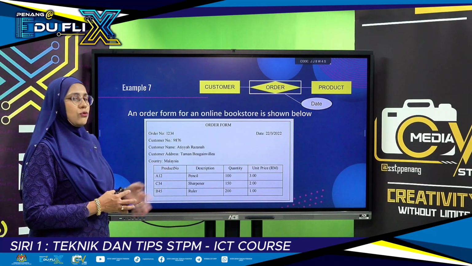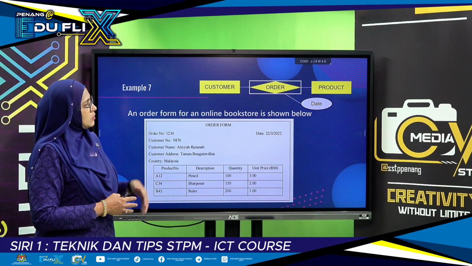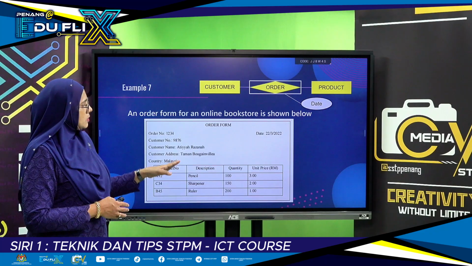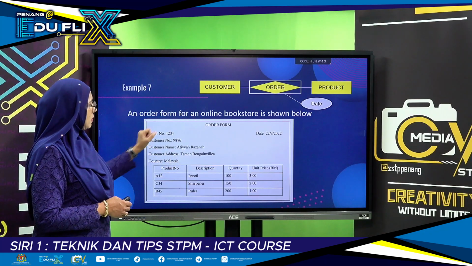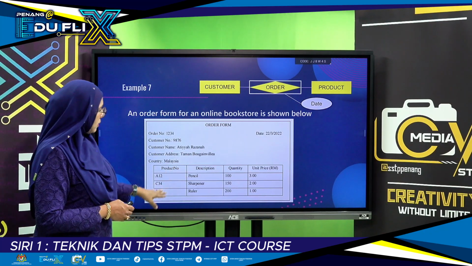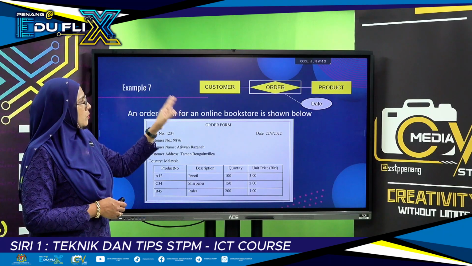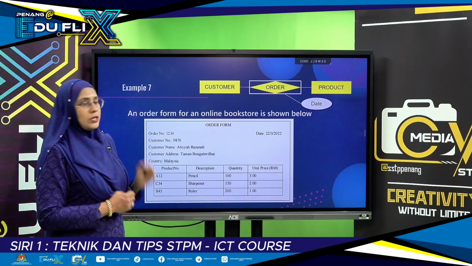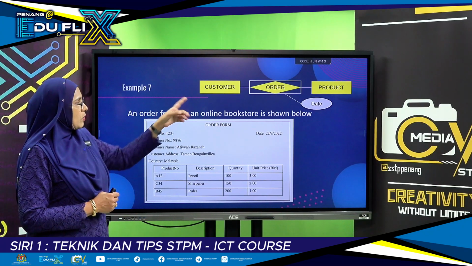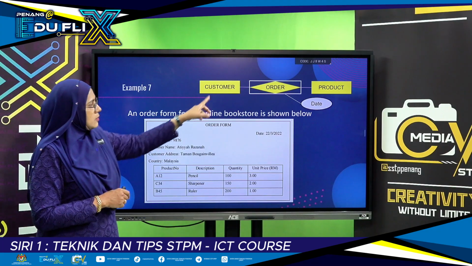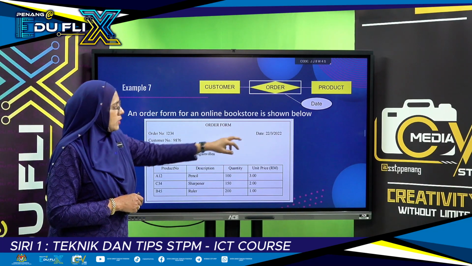If you draw the ER diagram, it will look like this. We have customer here, and then product here, and the relationship between customer and product is order. We put order in this symbol because for order, we have the order date.